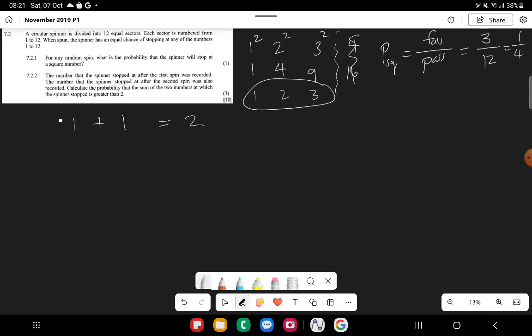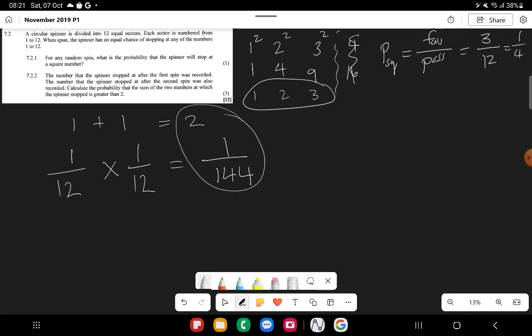The probability of getting 1 is 1 out of 12. So the probability of getting those two together would be to multiply them, which gives us 1 out of 144. That is the probability of getting the number 2. That makes sense.